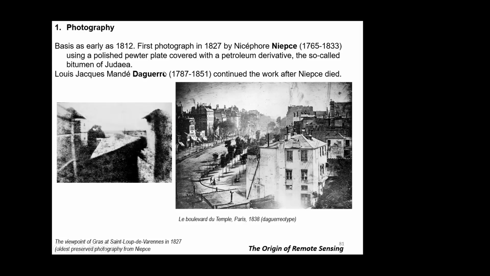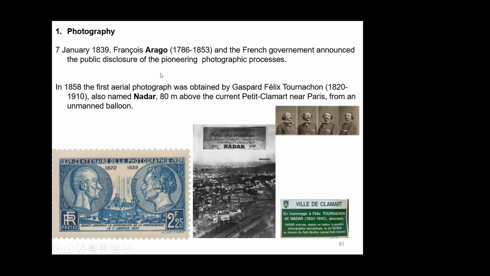Okay, I continue the small story of photography. One also well-known scientist, François Arago. Arago was a physicist, and he worked with the French government during the last period of the kingdom.